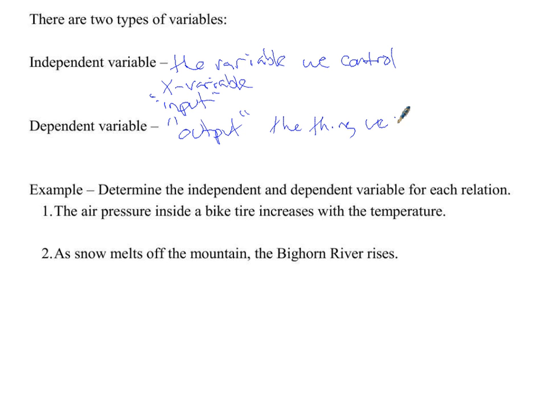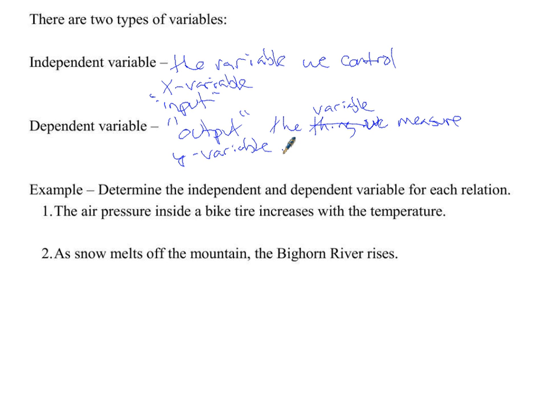Variable. And then I also heard usually the y variable. Okay, so it's not always obvious which one is which, especially if you're dealing with a word problem. It's up to you to figure that out.